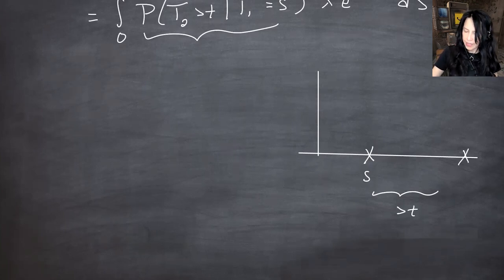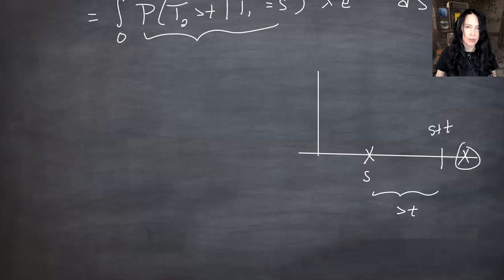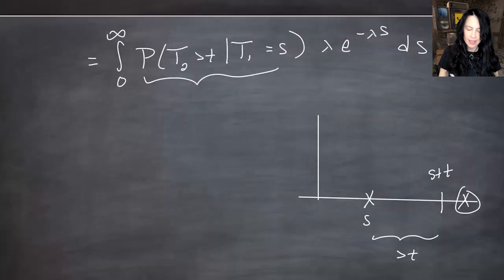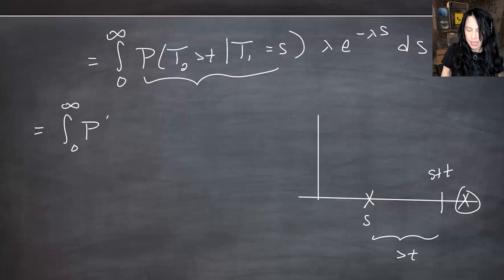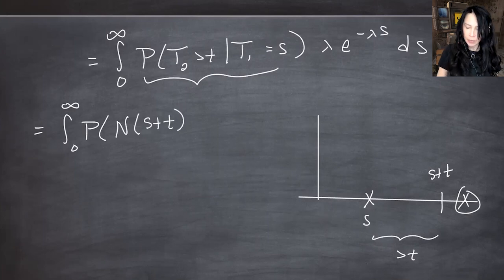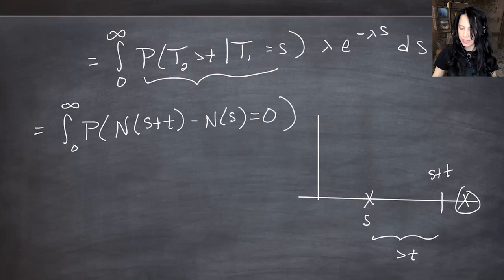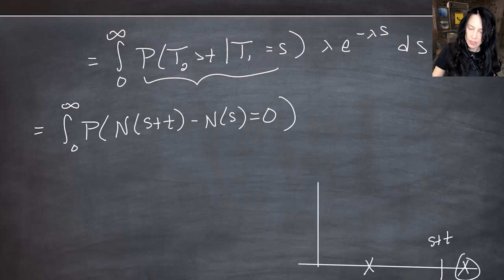So if this is time s plus t, I want the next arrival to be greater than that time. And going back to the N of t process, this is the probability that the number of arrivals between time s and s plus t, which we can write as the number by time s plus t minus the number at time s, we want that to be 0. And the rest of this stuff, lambda e to the minus lambda s ds.